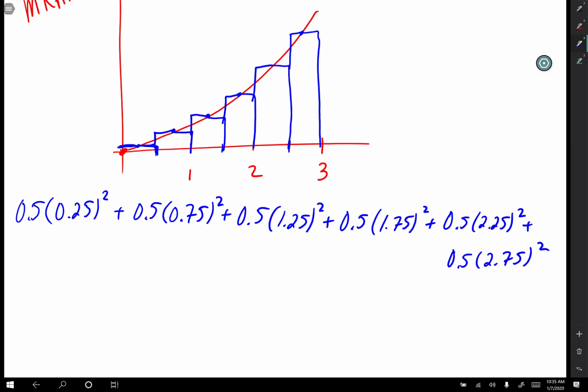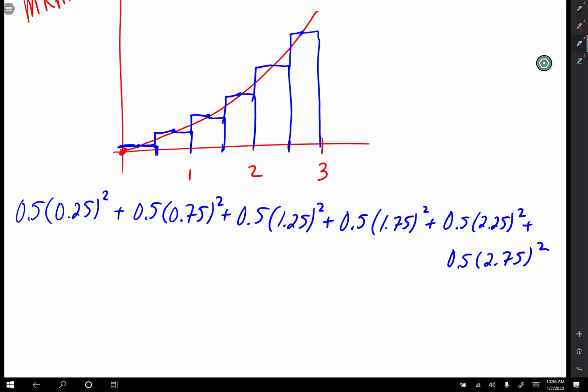I want you to notice that the difference between, look at this, 0.25, 0.75, 1.25, 1.75, 2.25, 2.75, is 0.5 in all of them. I want you to notice and observe that. Cool or not cool? All right, I'm going to factor out the 0.5 again, like I've been doing all this time.